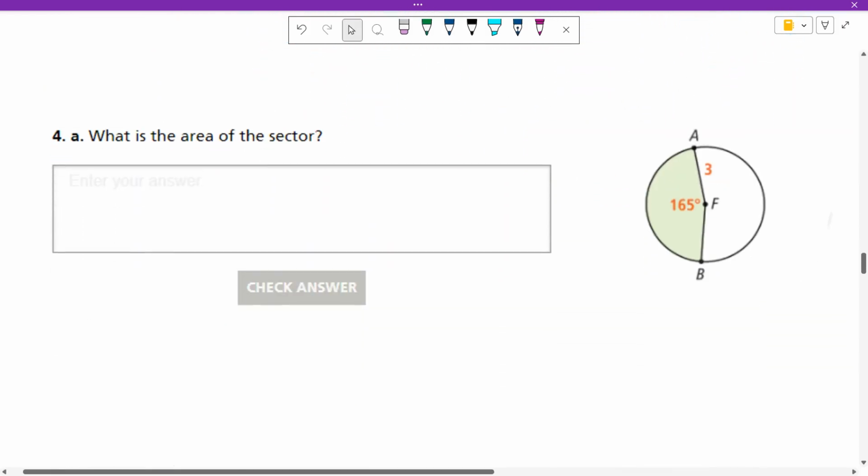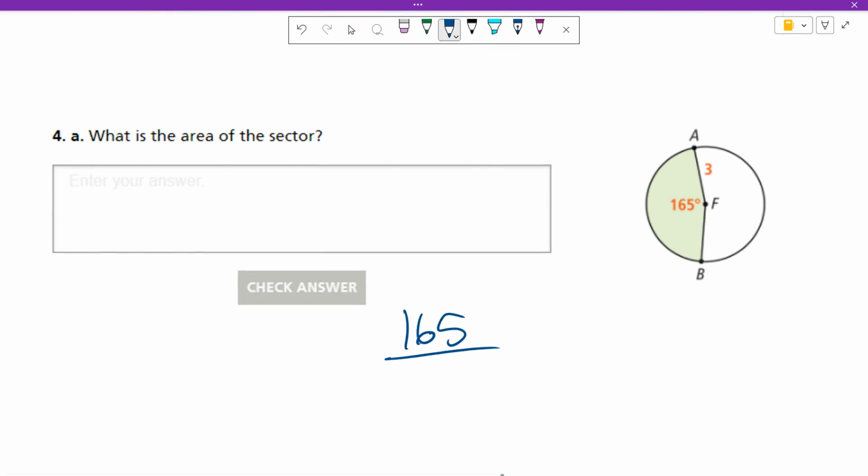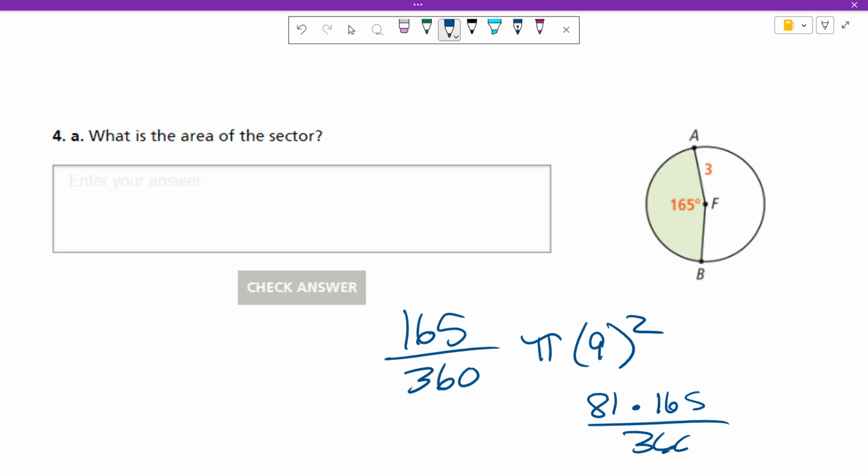Okay, let's find the area of this sector. So it's 165 degrees over 360 degrees times pi r squared. So 9 squared is 81. So you take 81 times 165 divided by 360 times pi.